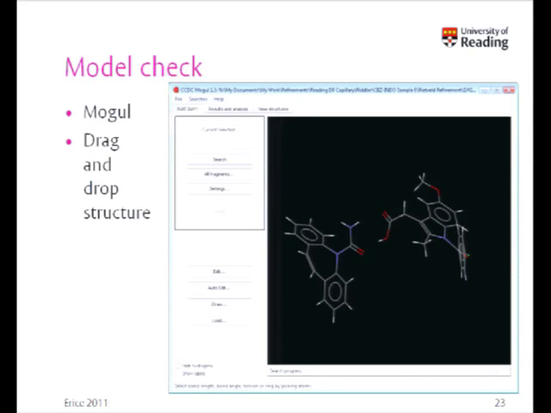And then it will report back as to whether your molecule fits within the expectation values derived from the database, or whether it deviates to some significant degree. That can be incredibly powerful in setting up a structural model that you know is consistent with prior knowledge. And of course, with anything, you always have to be careful that you aren't constraining yourself purely by prior knowledge, but it's certainly a very useful guide.